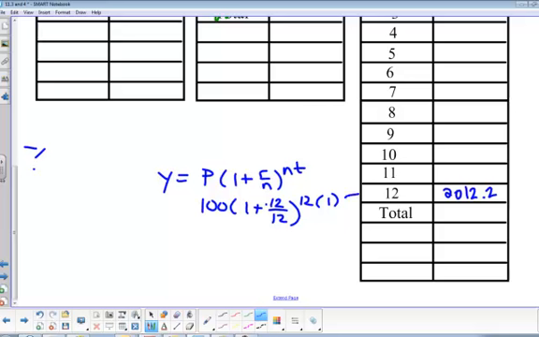So you would have to change these numbers into the decimal to properly plug the time in, because time is in years, and this 12 is really 1 year. So if I plug the 1 in there for 1 year, I get the 2012.2, and then you can go back and get all the other ones. Probably the easiest way to do that since that formula exists.